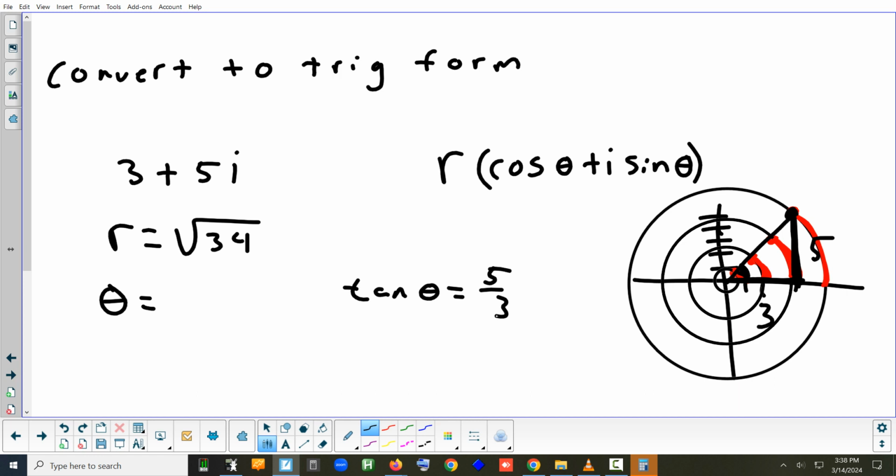I'm trying to get something that looks like this instead of what I have on the right side. What function would cancel tangent?